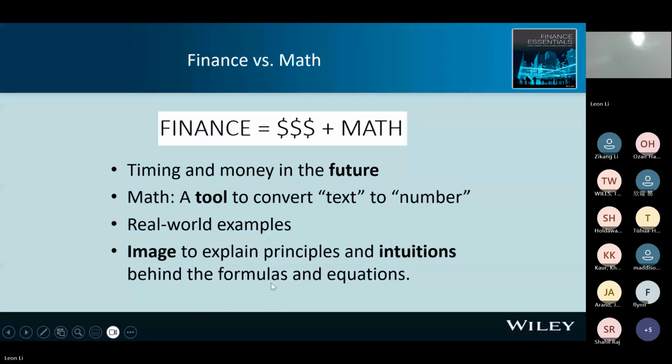By the way, I'd like to have a further discussion about the math. According to this equation, finance is math plus money. So the math is finance minus money. So math is a subject with no money. So this is why I don't want to major in math. I'd like to major in finance.